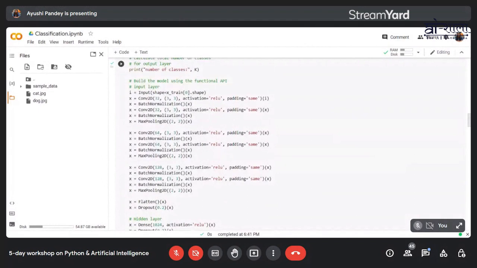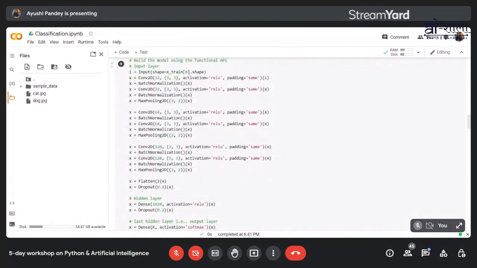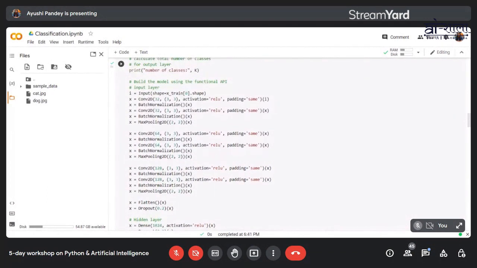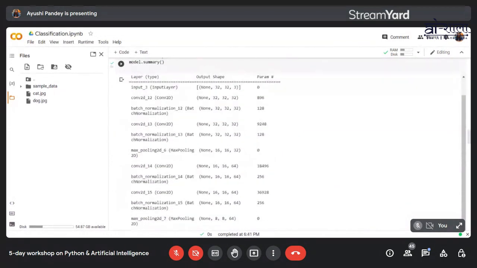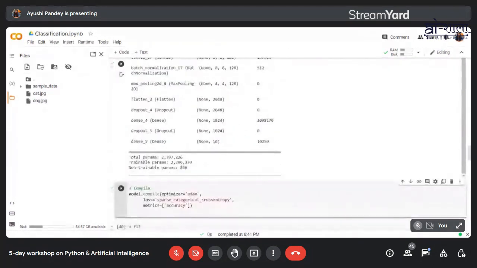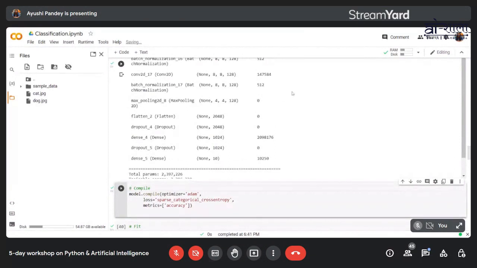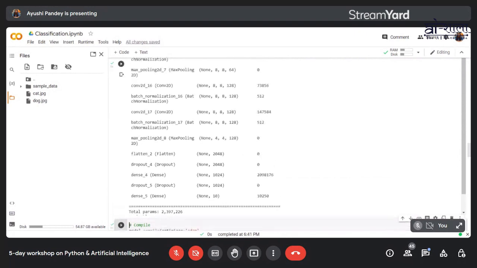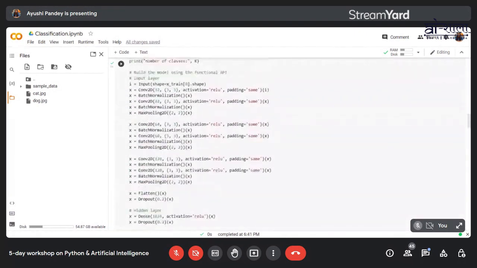Now, first I'm making my input layer. It has been run. You can see it contains these layers, the input and our hidden layers.